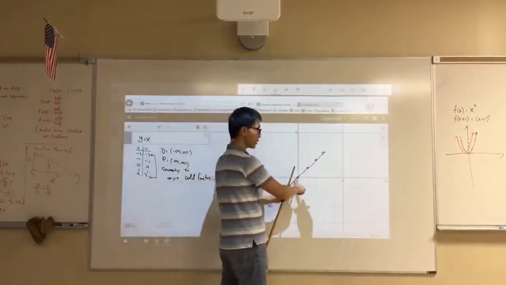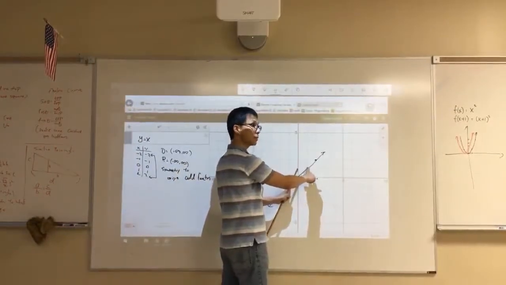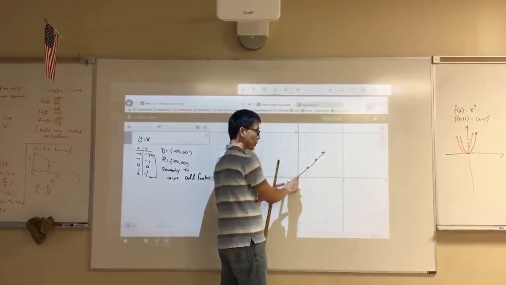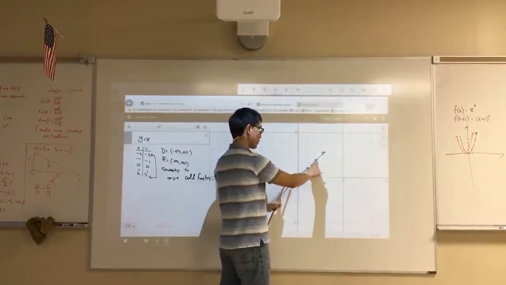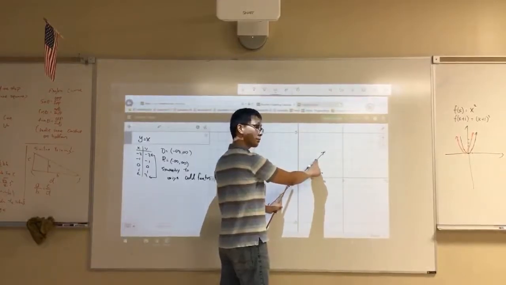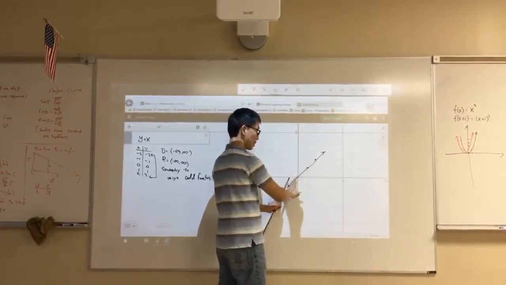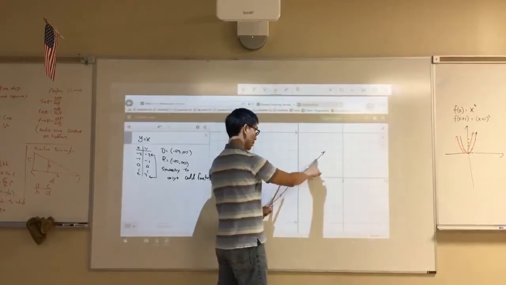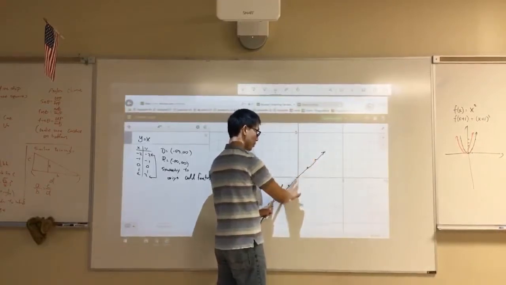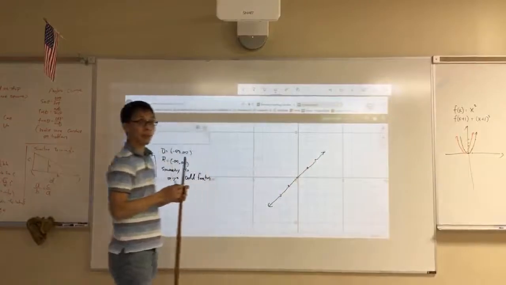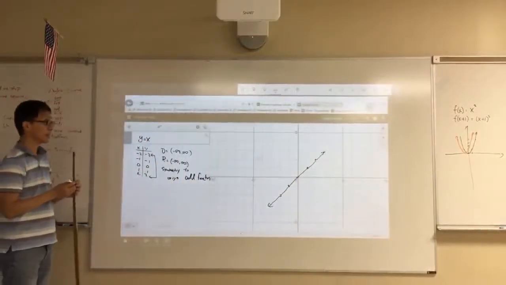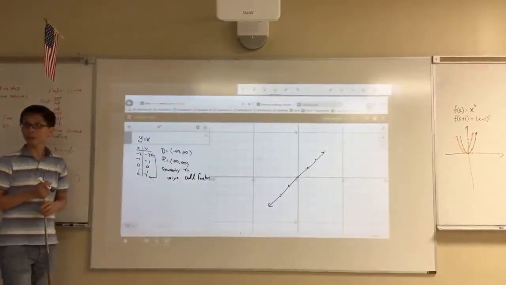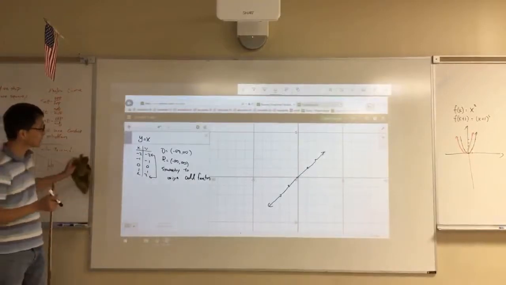Therefore, this is an odd function. Odd function is symmetry to this point, and it's always the same distance to that point. Same distance, same distance. Next point, same distance, same distance. So that's an odd function. Okay, so this is an easy function. You should know. Lenny, put your computer away.